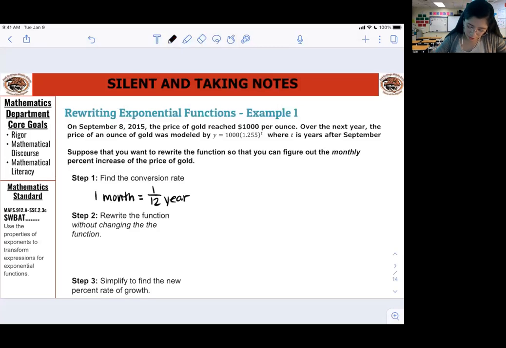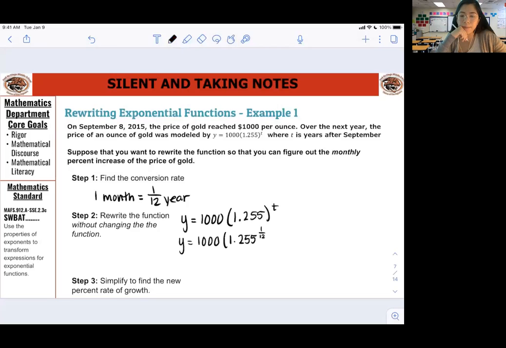So I'm just going to start off writing it the same way. So it's y equals 1,000 times 1.255 to the power of t. Haven't changed anything yet. But remember what we said. We're going to plug in 1/12. So if I want to plug that in, I also want to make sure that I'm not changing the value of the function.